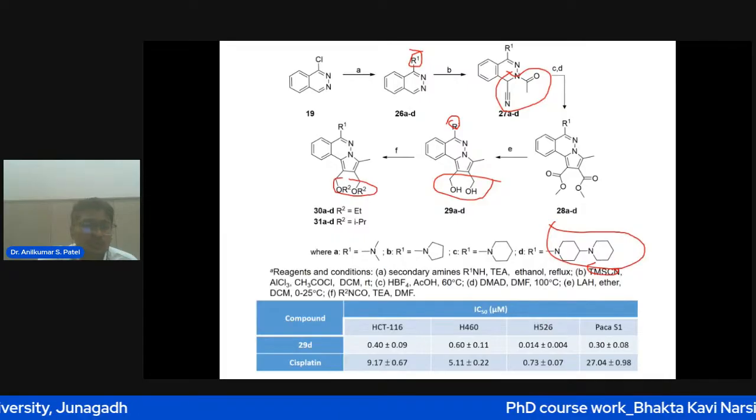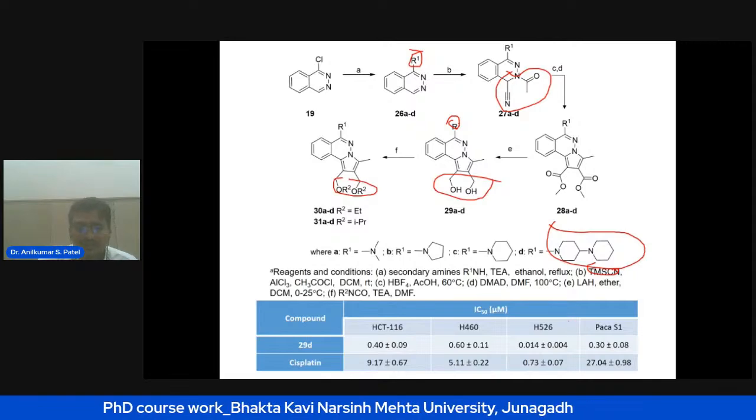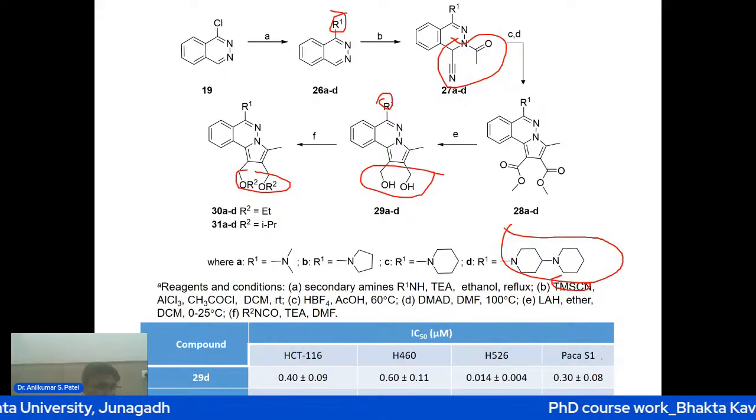It also gives very good potency in H526, a small cell lung carcinoma, as well as in PACA S1, a pancreatic cancer cell line.